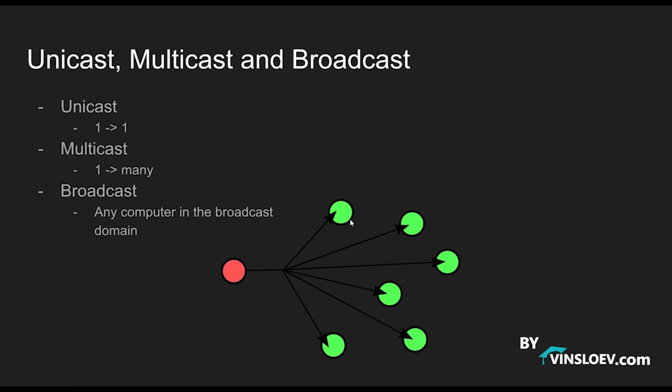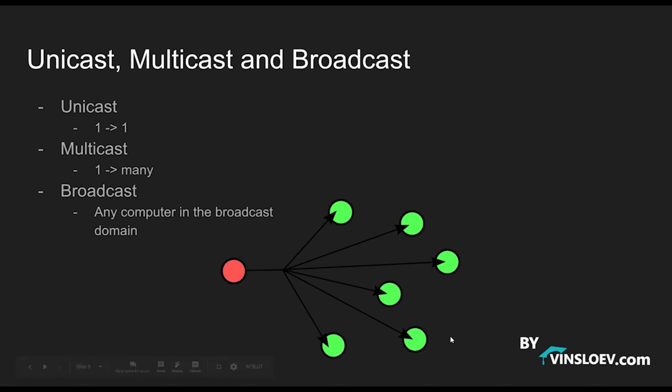Unicast is one-to-one communication, meaning that one device is communicating with another device. Then we have multicast, meaning that one device, like this one, is communicating with multiple devices, so it is casting out some information and multiple devices are getting that information. And then we have the last one, which is broadcast, meaning that any computer in the broadcast domain is getting this message thrown at them.